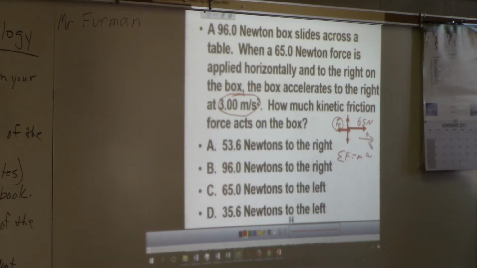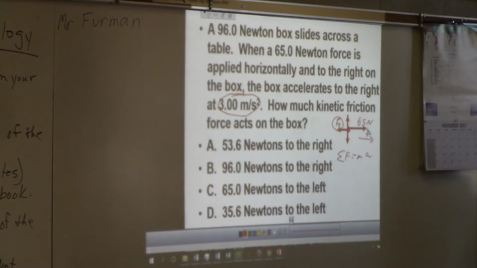So what's the sum of forces? All of the forces combined. Okay, so combine the horizontal forces, based on my free body diagram.